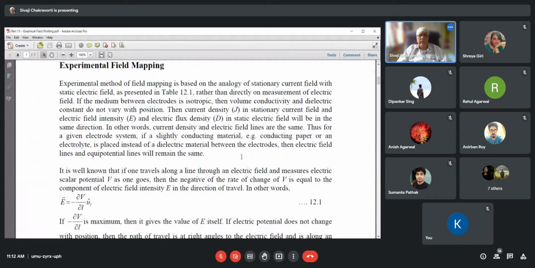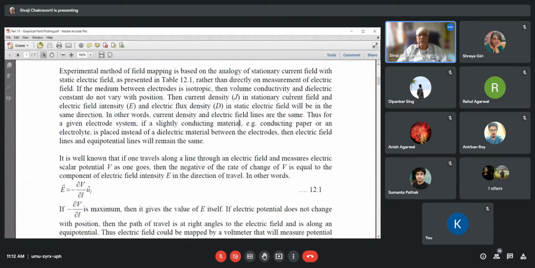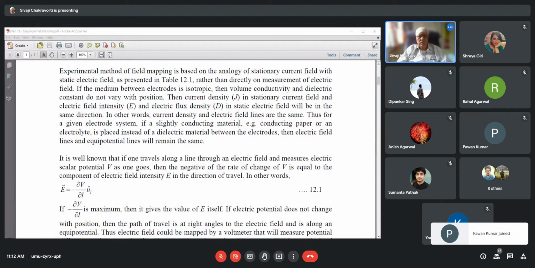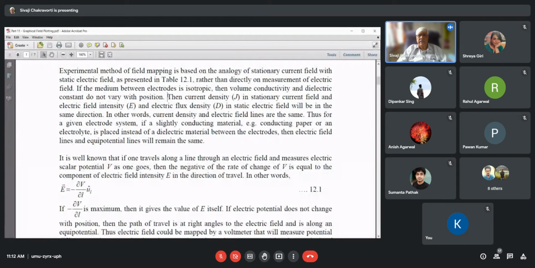Now the current density in stationary current field and the electric field intensity and the electric flux density will be in the same direction.